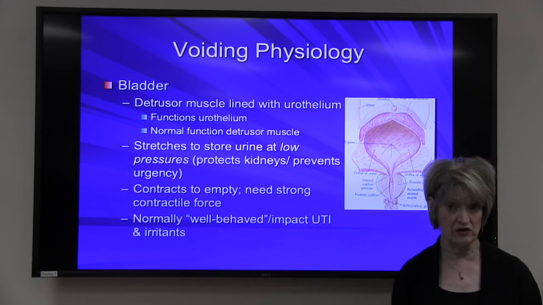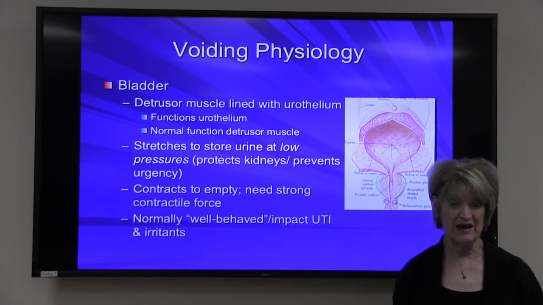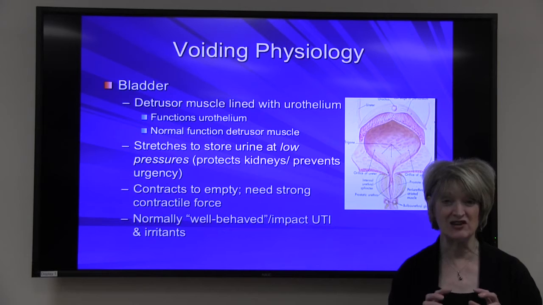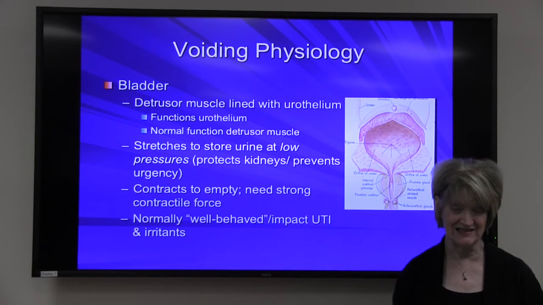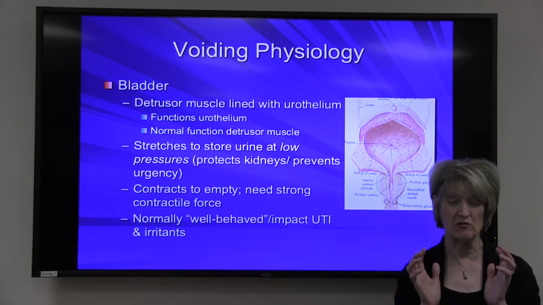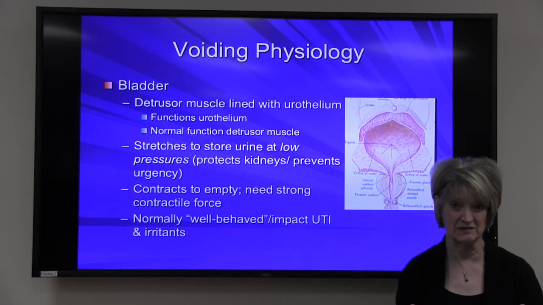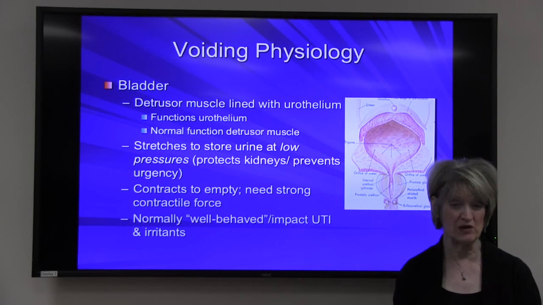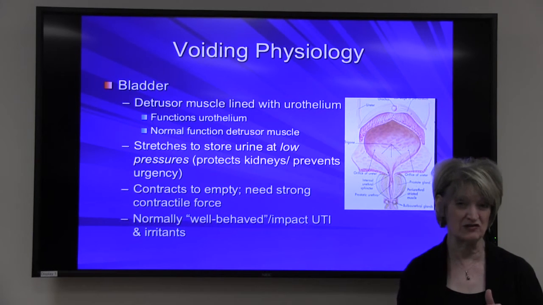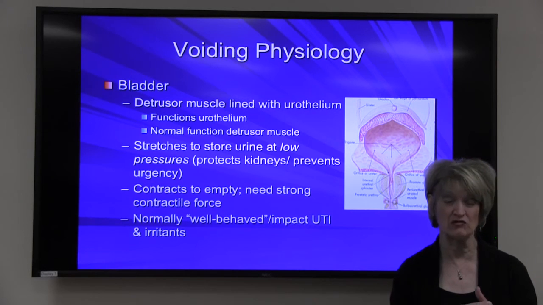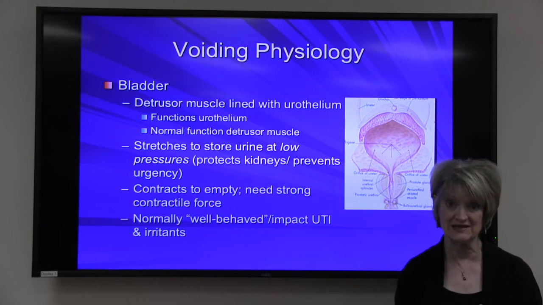And you know that when you have a urinary tract infection, you have intense frequency and urgency, because the irritants in the urine sensitize the stretch receptors in the bladder wall and make the bladder much more contractile, much twitchier. It's like a spasm. So even though the bladder is normally well behaved, we have to realize that when the bladder is inflamed, it acts like any inflamed muscle. It's very prone to spasms. It's much less able to carry out normal function, stretch and store.